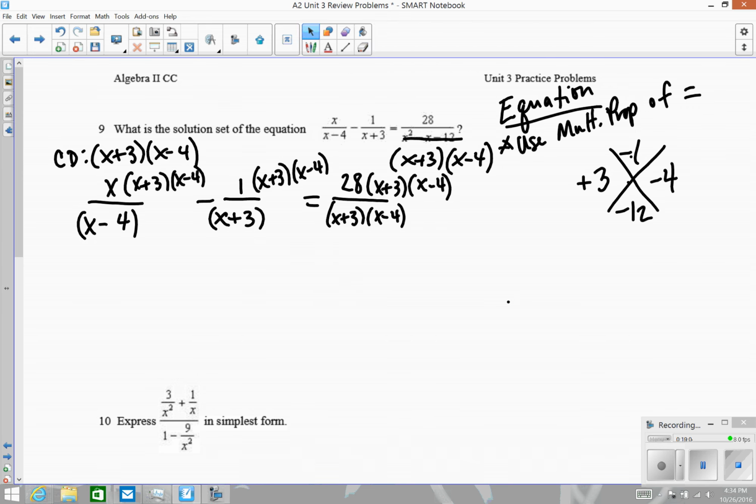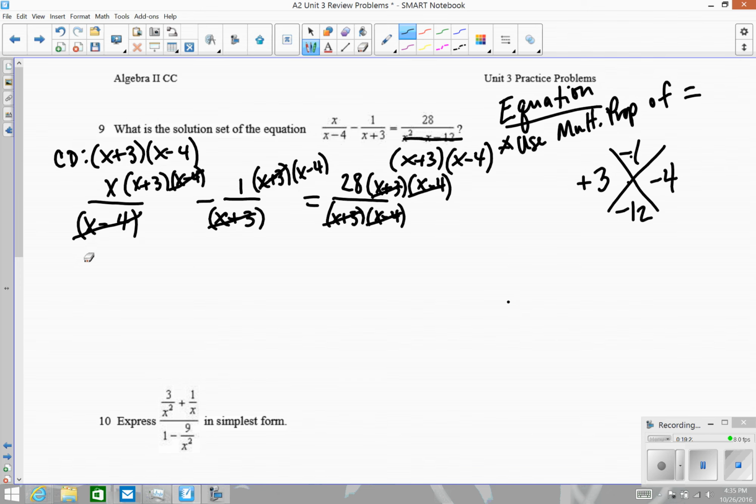Alright, now I don't want to actually do the multiplication, but I want to write it out so that I can now cancel out common factors. x minus 4 here in the first terms, x plus 3's in the second terms, and the entire x plus 3, x minus 4 in my last term.